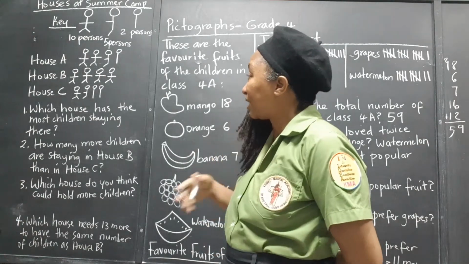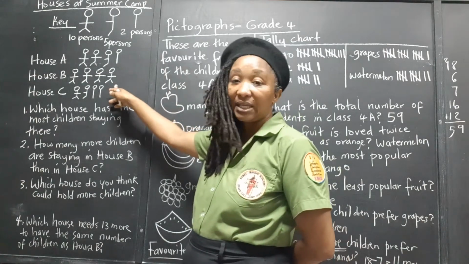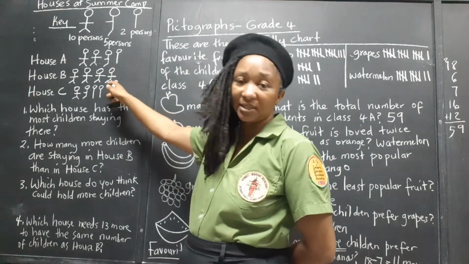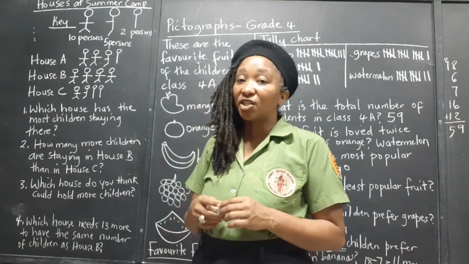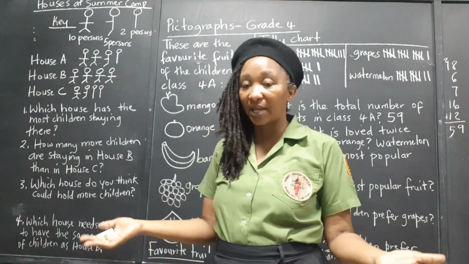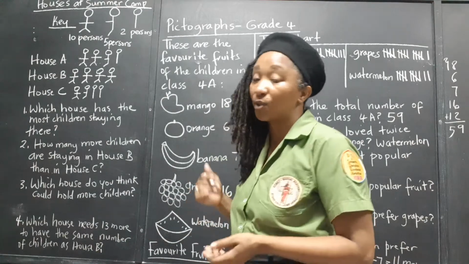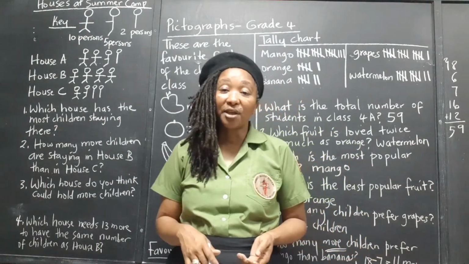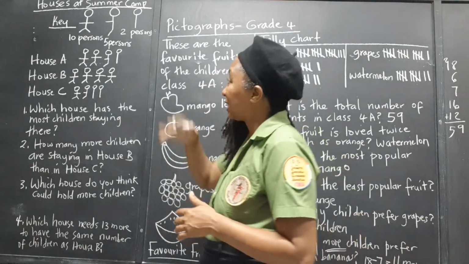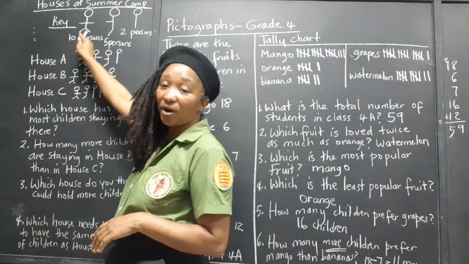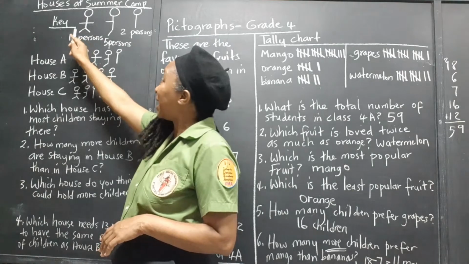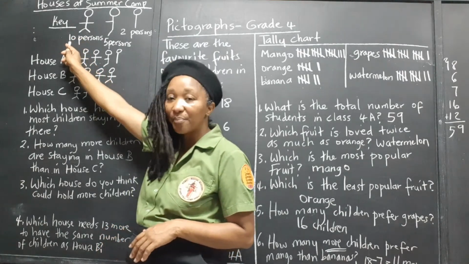Many students just look at the diagram and they say, oh, this is a person, so that's one person. It's not always the case. Sometimes it might represent just one person, but you have to look at the key to see what the symbol represents. This key is telling us, if you see a person like this, it actually represents 10 persons.